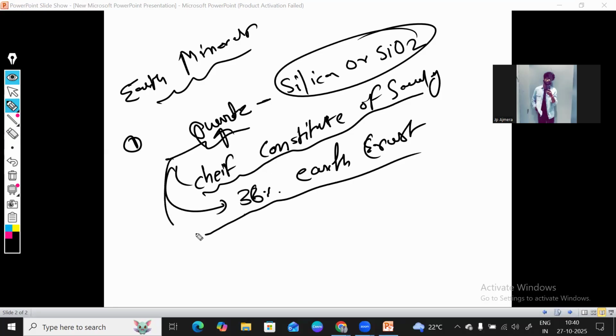Another point you need to know here is that rocks which contain free silica in abundance, which is not combined with the bases, are called acid rocks. What is meant by that?